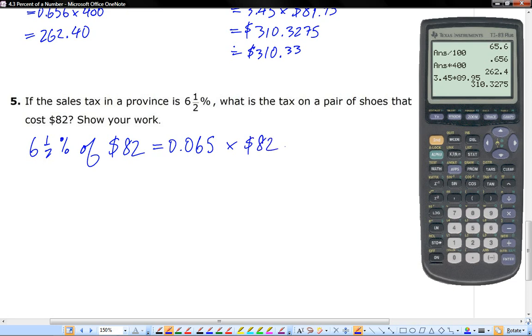Now if you're not sure where that's coming from, 6 plus 1/2, that's 6.5. Divide that by 100 to change it into a decimal, and now I'm going to multiply that by 82, and this gives me my answer. So it is $5.33 worth of tax.